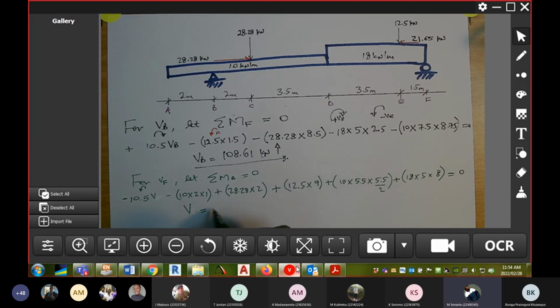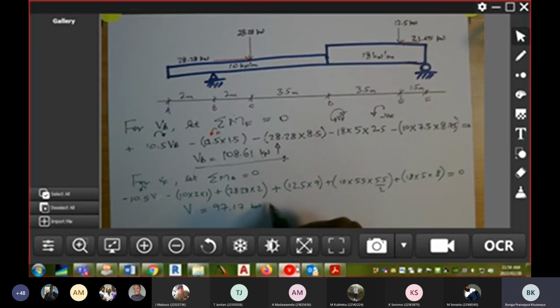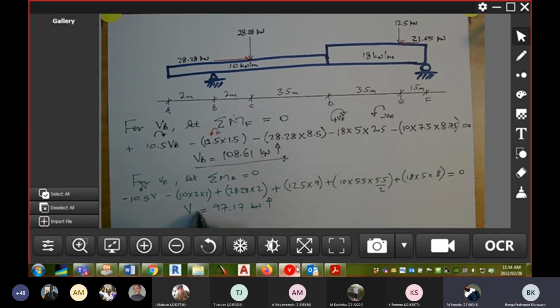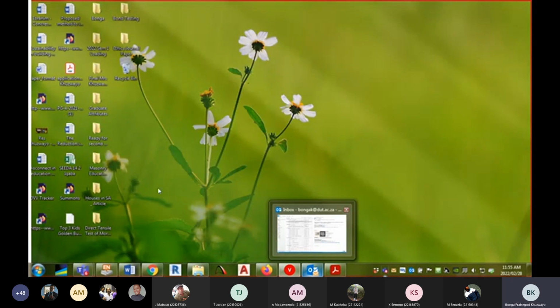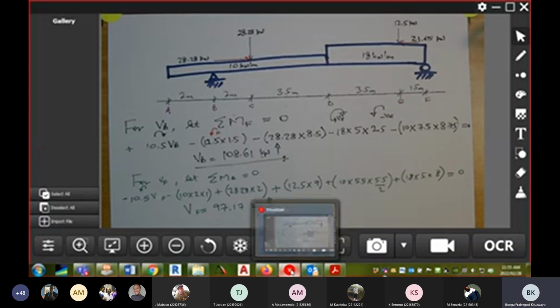I got 97.173 kilonewtons, up. That's F there, and my apologies for that, but it doesn't affect the calculation. It is VF we're calculating.